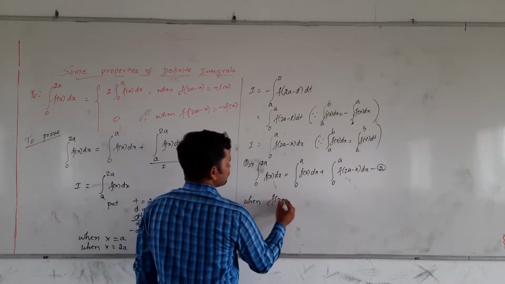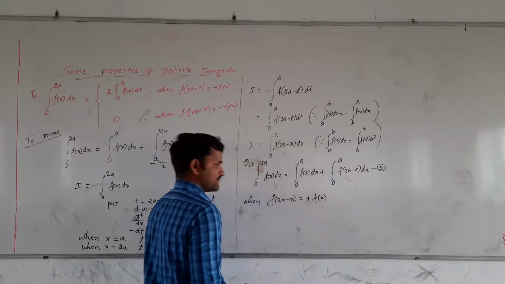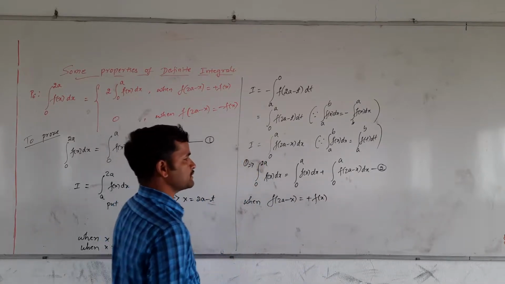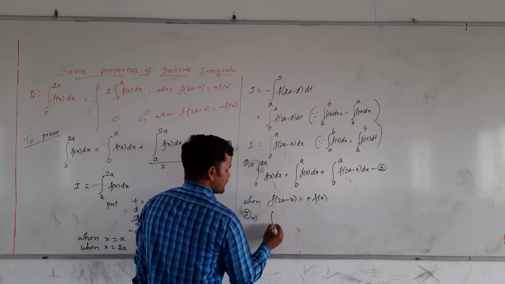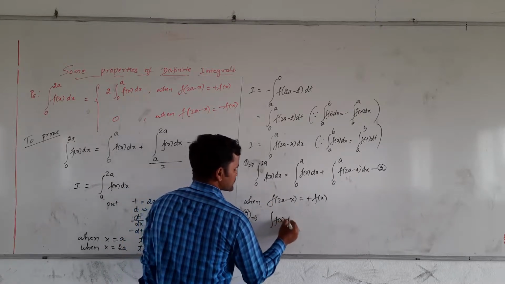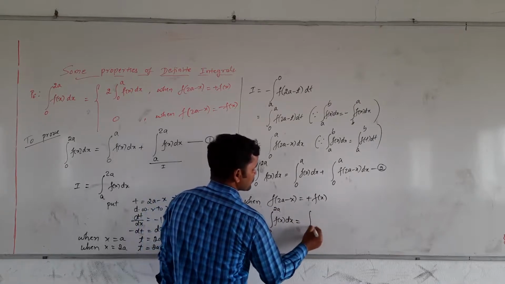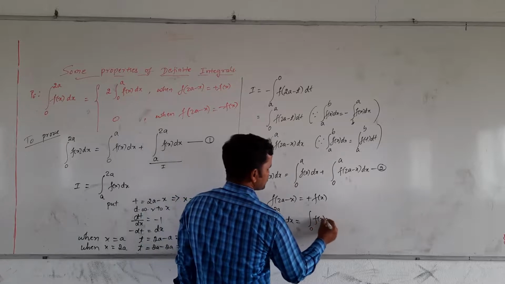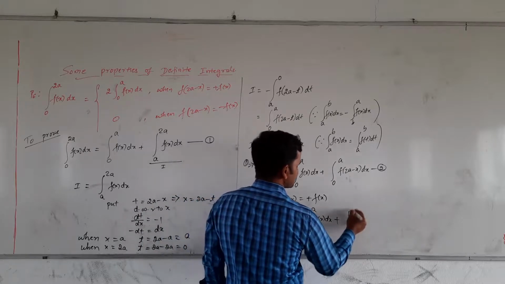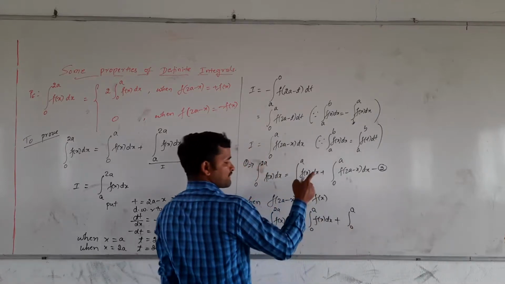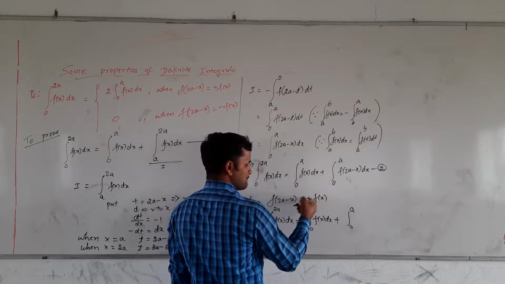When f of 2a minus x is equal to plus f of x, equation 2 implies the integration of f of x with respect to x from 0 to 2a is equal to the integration of f of x from 0 to a plus the integration from 0 to a of f of 2a minus x, which is plus f of x.